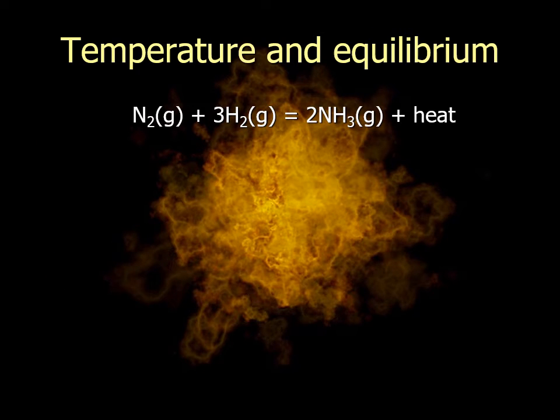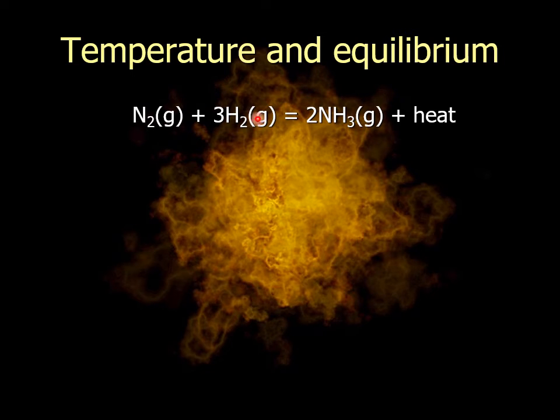So a quick run through the impact of pressure there. Now let's have a look at temperature. And here we're going to have to treat the heat of the reaction as a product or a reactant, like it's a substance, which of course it's not, but for Le Chatelier, that's how we look at it. So let's take our Haber process again.